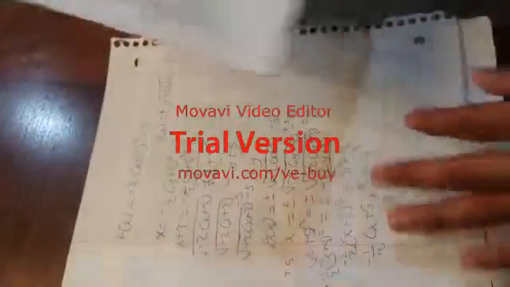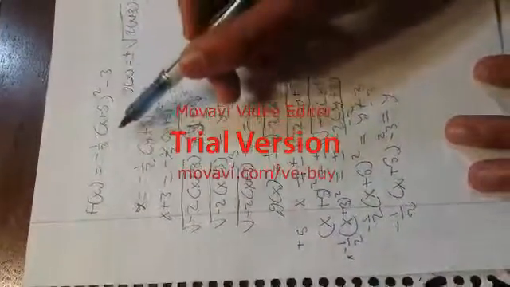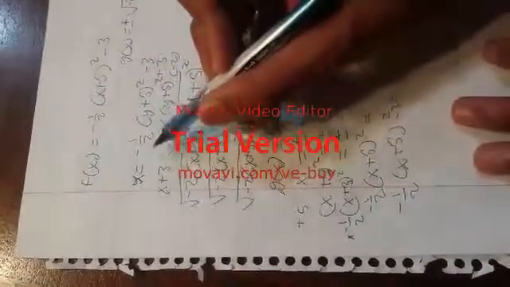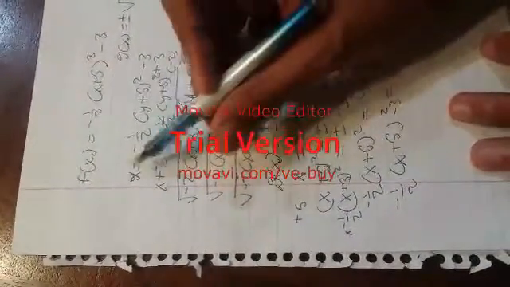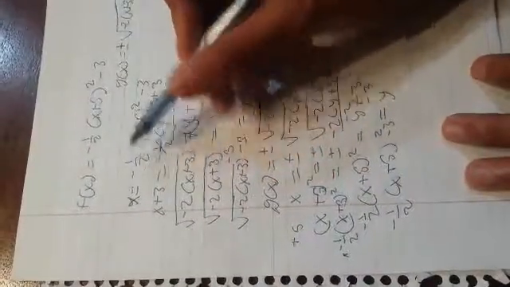So the first method, as I have set up over here, is replacing the x and y values with each other. I started off with the first equation, f of x is equal to negative half of (x plus 5) squared minus 3. I switched out the x for the y value because f of x is the same as the y value, and then I rewrote the equation.